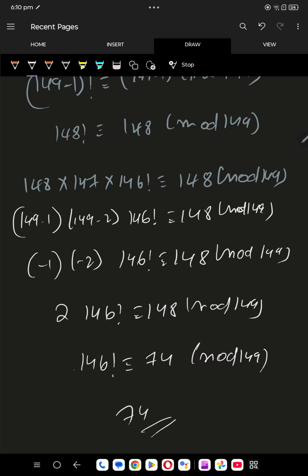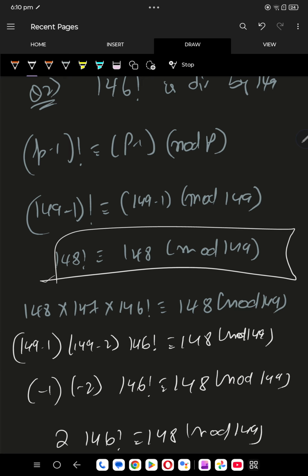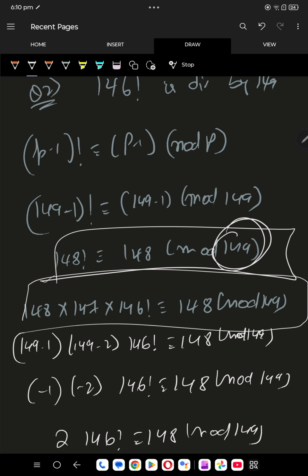That's it. So what did we do? Till here I hope everyone has understood the basic formula substitution. Then we want 146 factorial, but here we have 148 factorial. So 148 factorial is basically 148 into 147 into 146 factorial. 148 can be written as 149 minus 1, 147 can be written as 149 minus 2, and then 146 factorial.